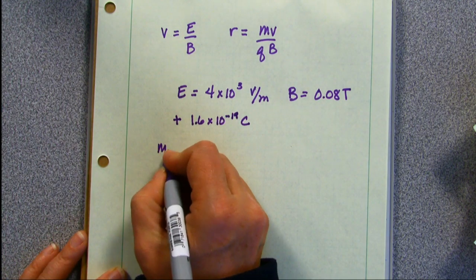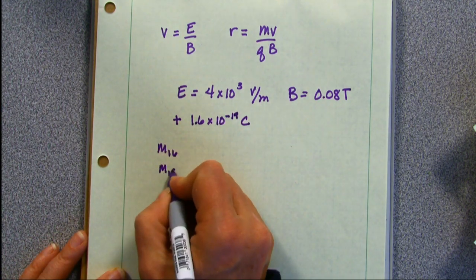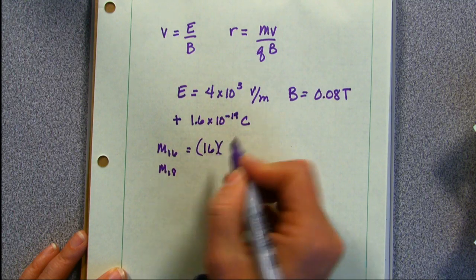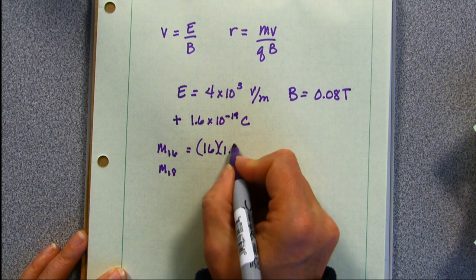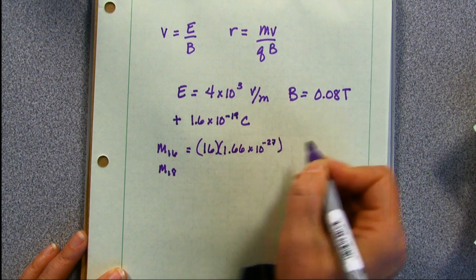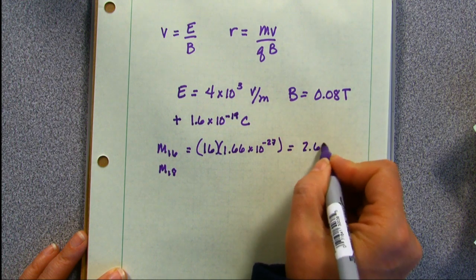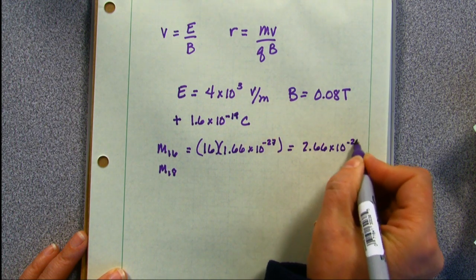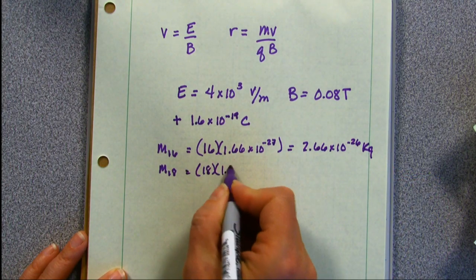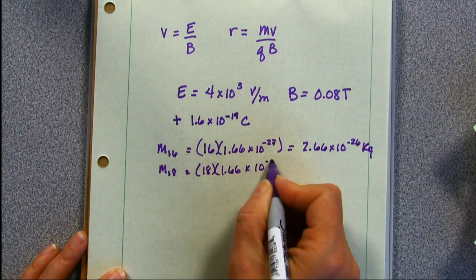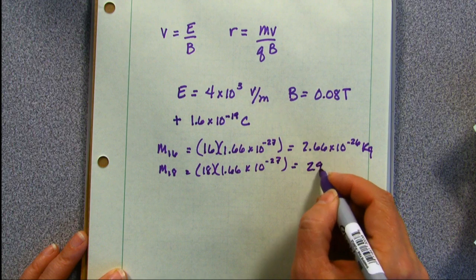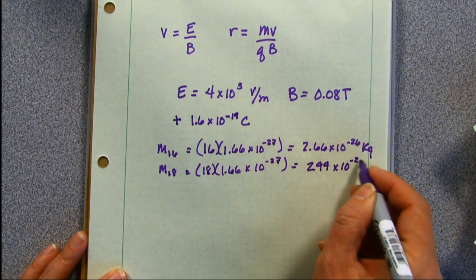So we're going to need the mass of the oxygen 16, and we're going to need the mass of the oxygen 18. And that's nice, because that's going to be 16 times my proton or my neutron mass. And that's going to give me 2.66 times 10 to the minus 26 kilograms. This gives me 18 times 1.66 times 10 to the minus 27, which gives me 2.99 times 10 to the minus 26 kilograms.